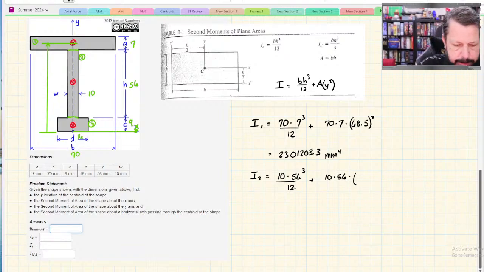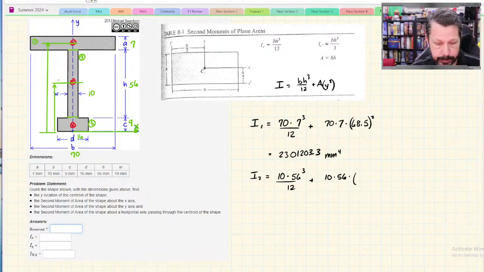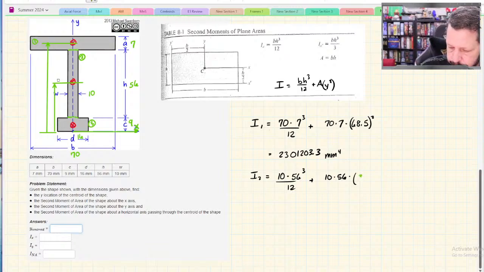And then the distance that I need is that distance, which is 9 plus half of 56. 37.